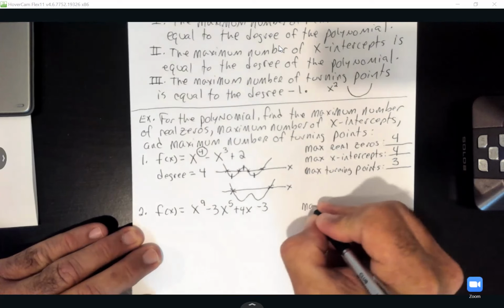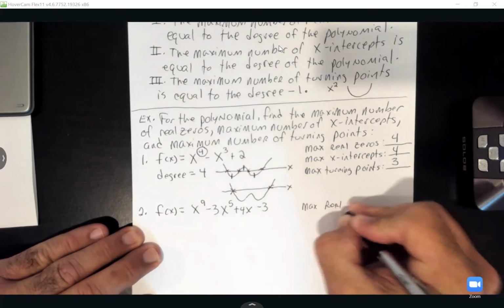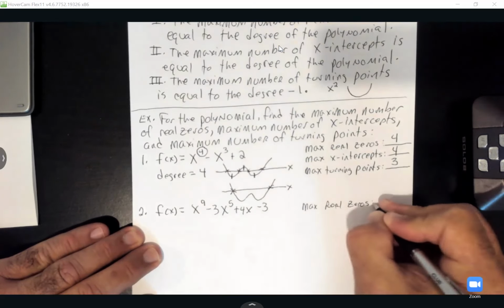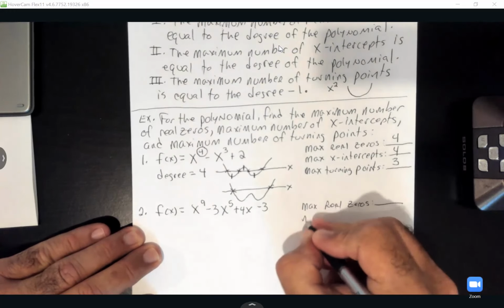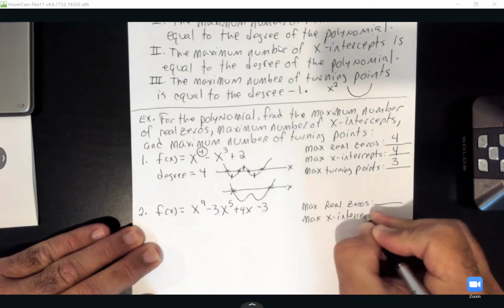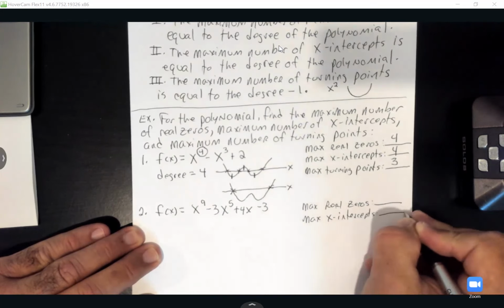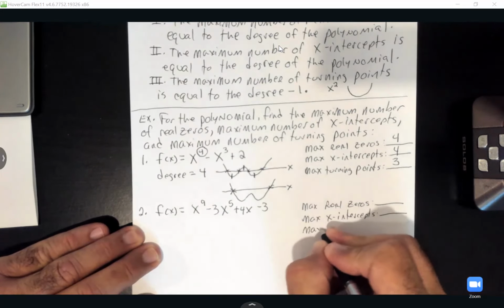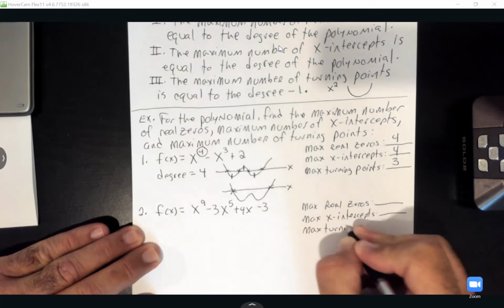So we want our maximum real zeros, our maximum x-intercepts, and then our maximum turning points.